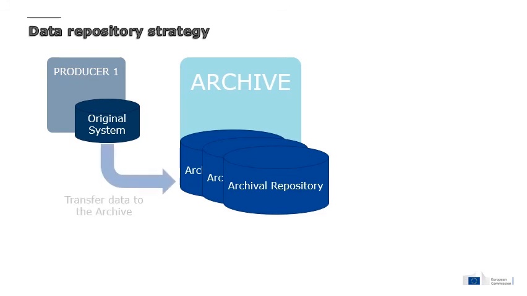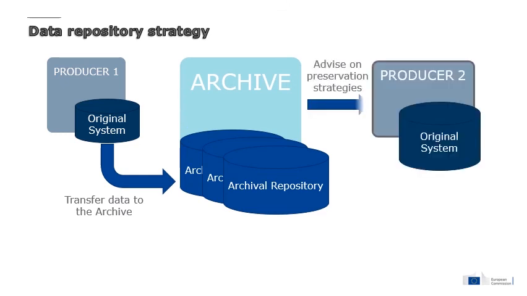So we see that the original system is transformed, so the data from the original system is transferred to the archive, or the second approach where we advise, so the archive connects to the producer and advises them on the preservation strategies so that they can create a preservation environment within their own system.